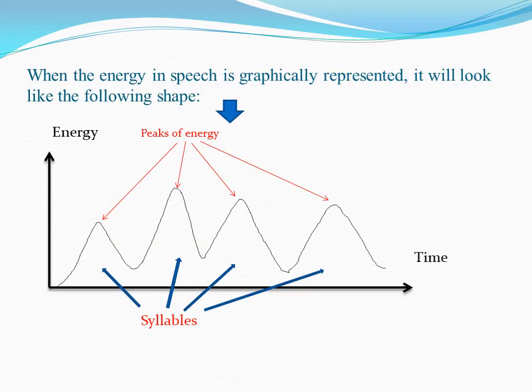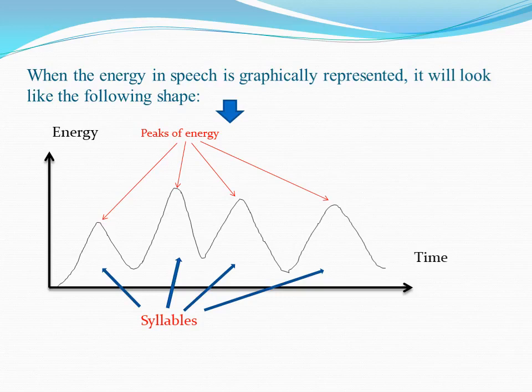Now, if we try to draw the relationship between time and energy in our speech, we will find that the energy of our speech is not stable. There is a continuous change in the energy of our speech. Some parts of our speech are produced with high energy, and some other parts are produced with very low energy.